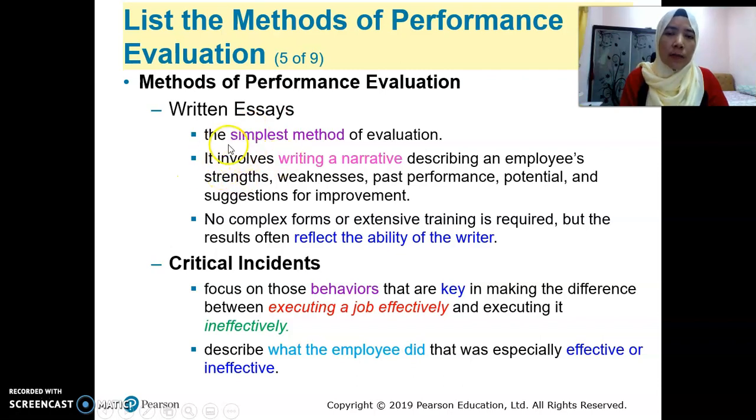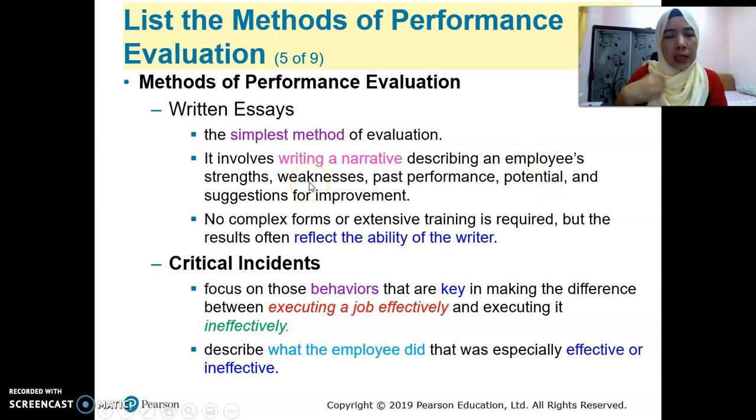This is quite simple, where the employees are asked to write a narrative about themselves in terms of strengths, weaknesses, past performance, potentials, anything related to work, and also personal achievements.